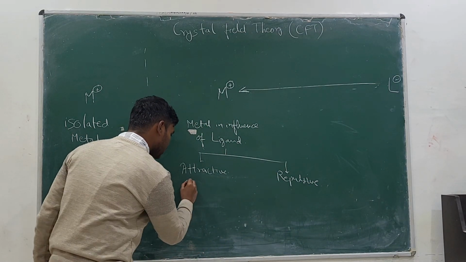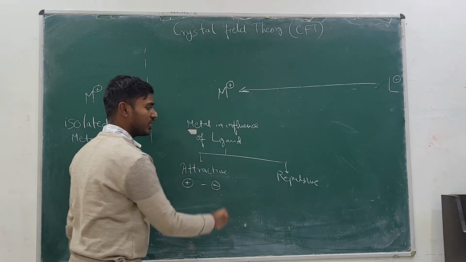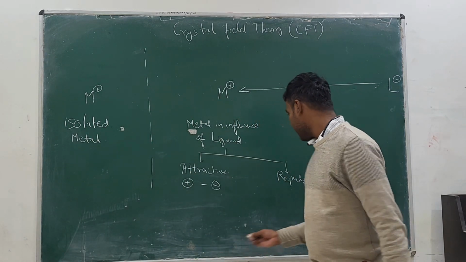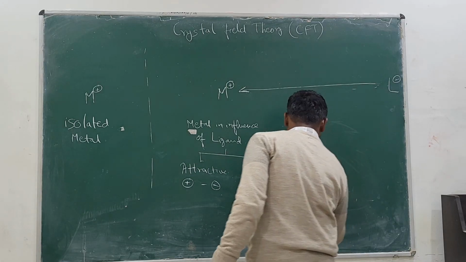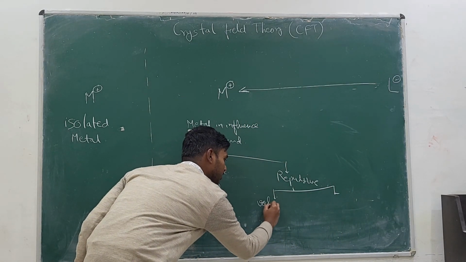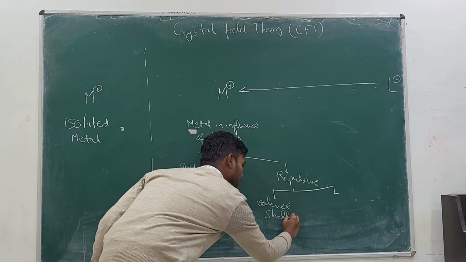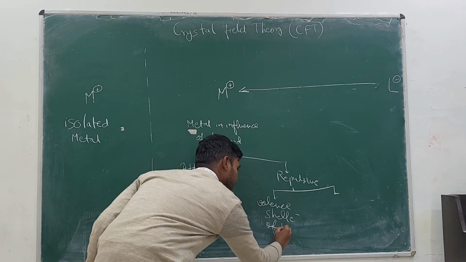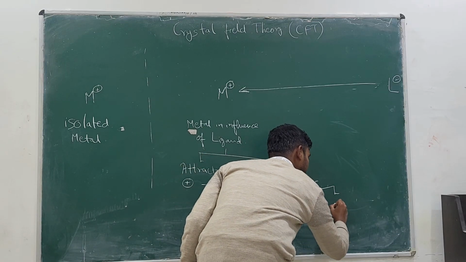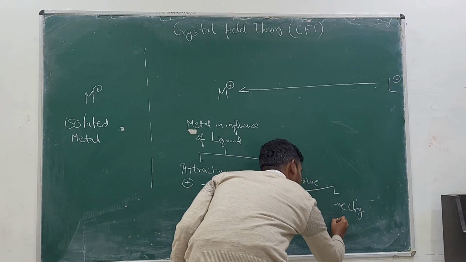Attractive forces are positive-negative interaction, positive charge and negative charge, and repulsive forces are between the valence shell electrons of the metal and the negative charge density of the ligand.